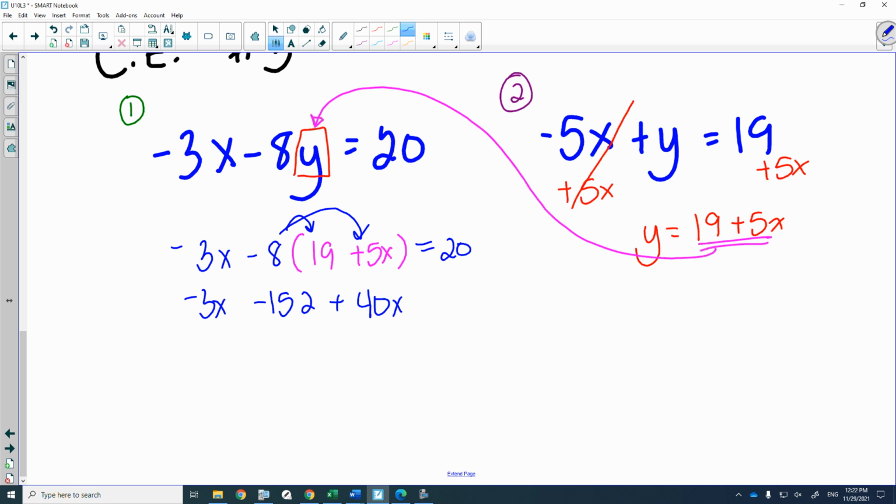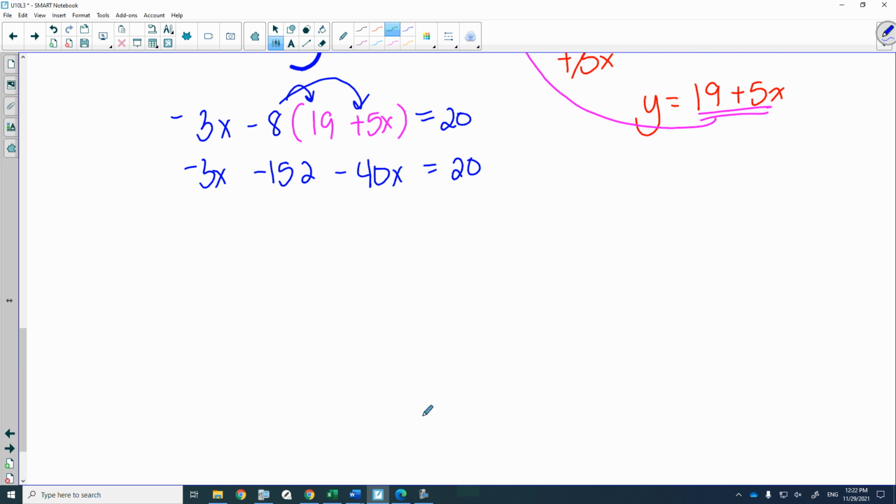Plus, sorry, that would be minus 40x's is equal to 20. You'll always be able to put two like terms together at this stage, and the two like terms would be those x's. So it's negative 43x minus 152 is equal to 20.